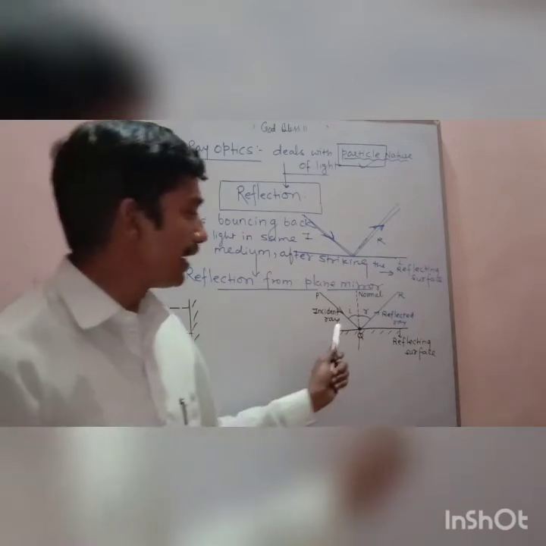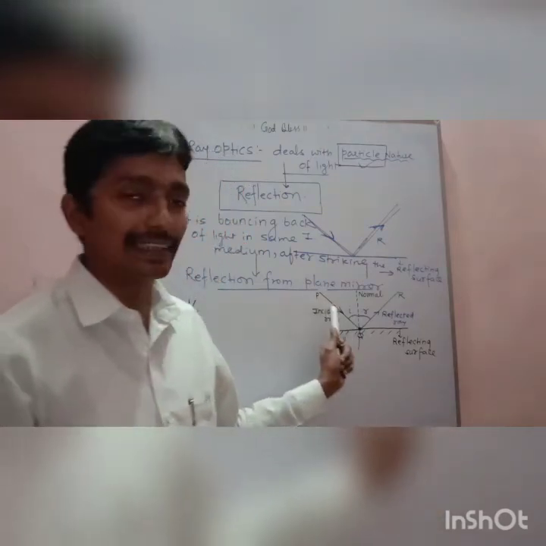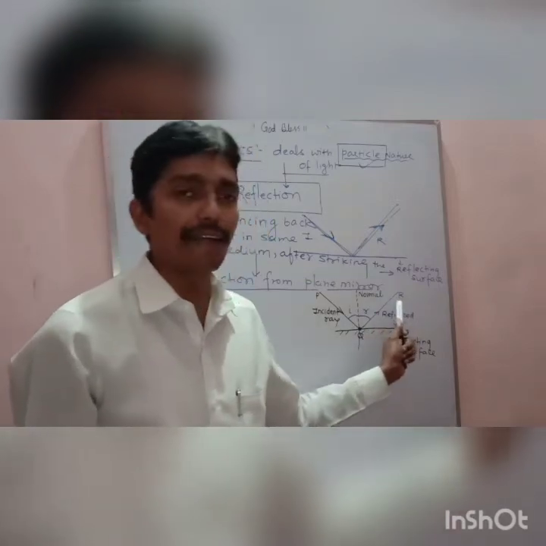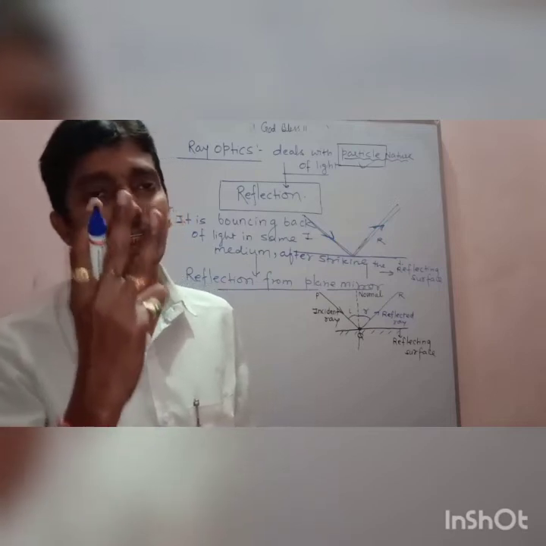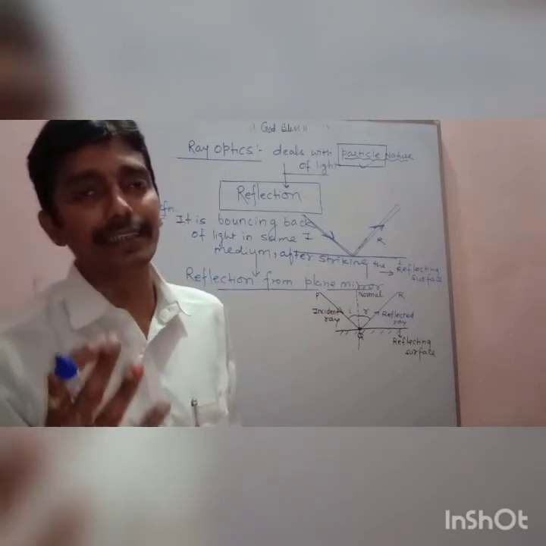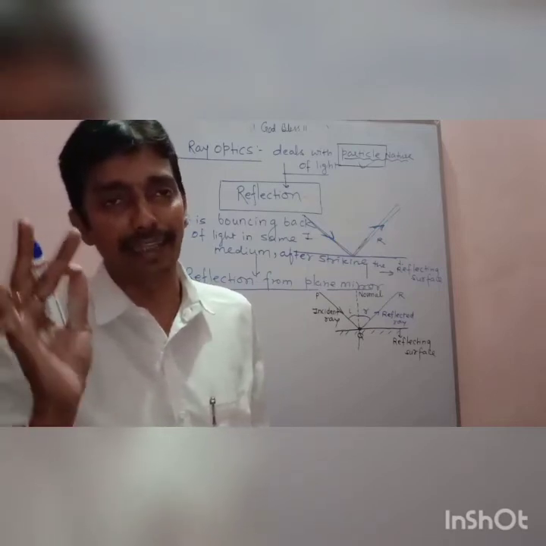So now here you can see I have drawn the incident ray, I have drawn the reflected ray, I have drawn the normal ray. In all, in my diagram there are three rays. They are named as incident ray, normal ray and reflected ray.